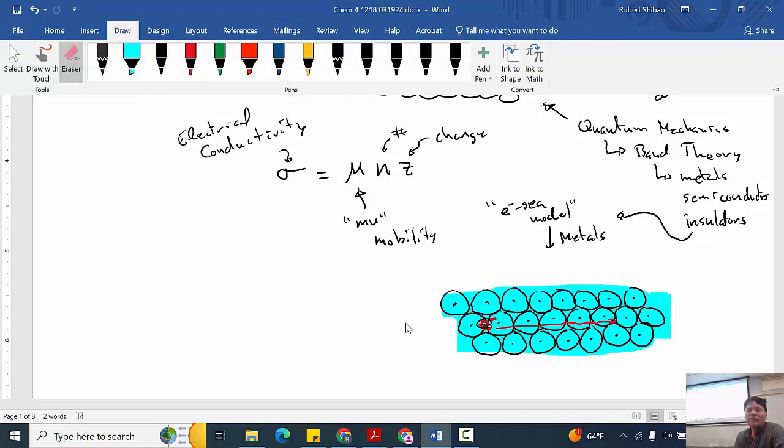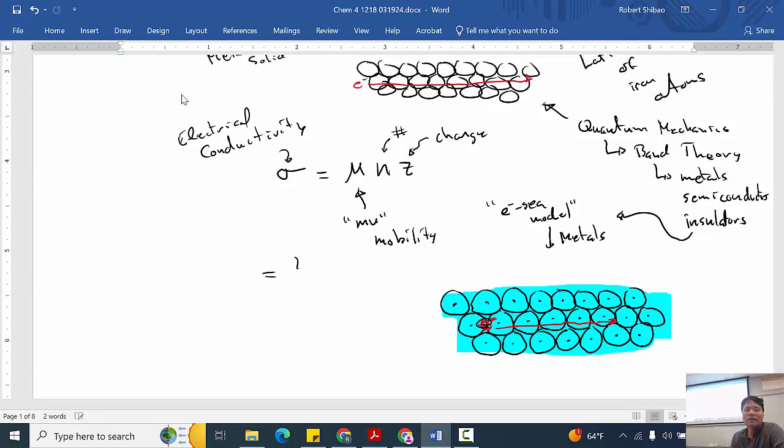The more the atoms vibrate, the more resistance we end up with. And the more resistance we have, the less conductivity we have. Inversely proportional to conductivity is something that we give the symbol omega to. And omega is the resistance. The units of resistance are ohms. So the more resistance, the lower the conductivity; the less resistance, the higher the conductivity.